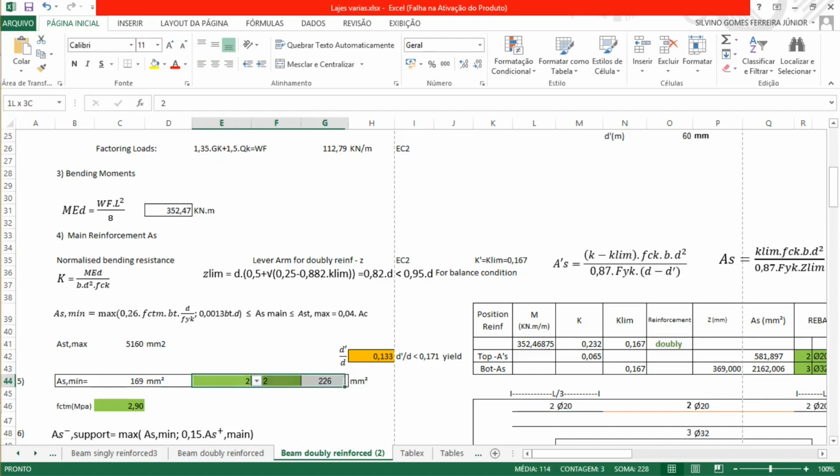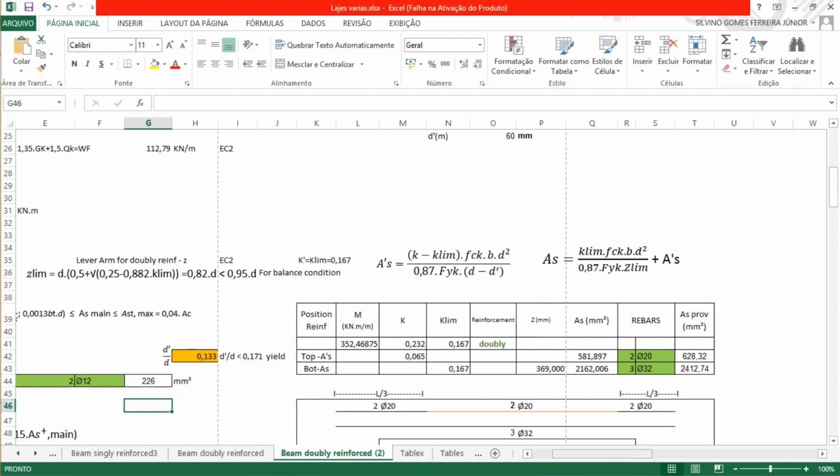Okay, so we can see that on the top we have 581. It's more than the minimum. So we could start by saying let's use 2 bars on the top of diameter 20, which would give us 628 square millimeters. Bigger than this, we are okay.